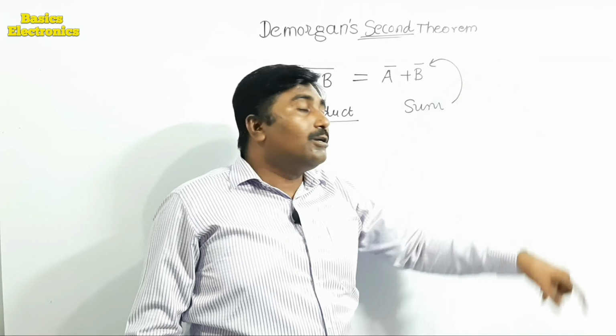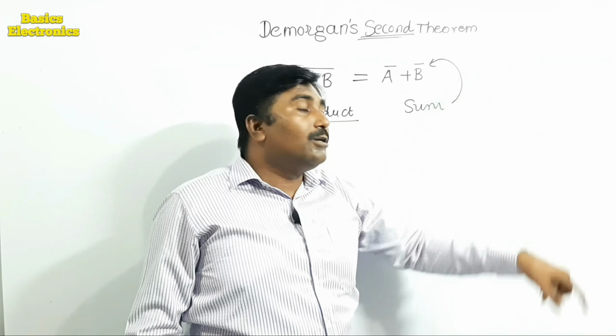Now what equivalency does it give? It gives the equivalency between two gates. Which are those gates? See here at the left hand side we have the equation of the NAND gate. And at the right hand side, for the plus sign, what do we use? We use the OR gate for the logical sum.